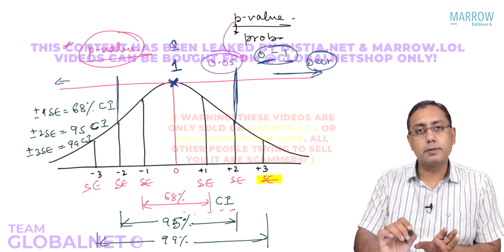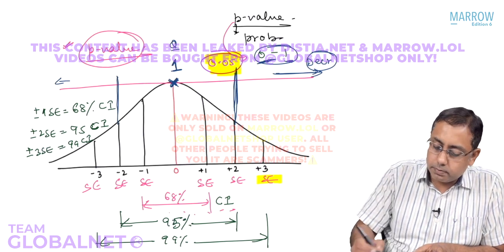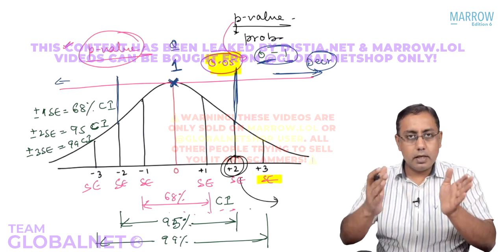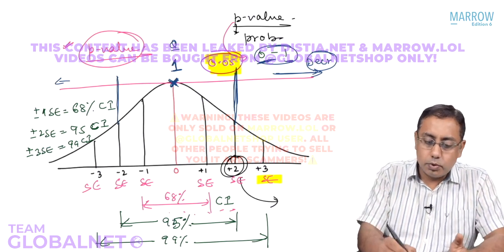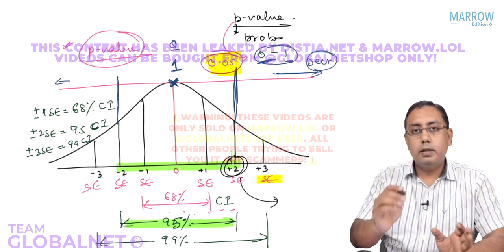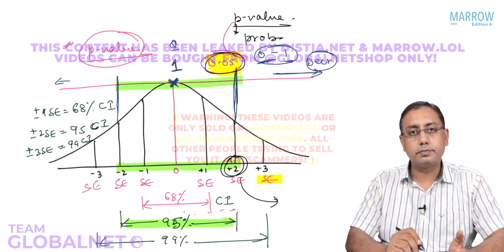You already know that this plus minus 2 standard deviation or 2 standard error is the cutoff, right? That is the zone of normalcy. So at this junction, the p-value on either side will be 0.05.